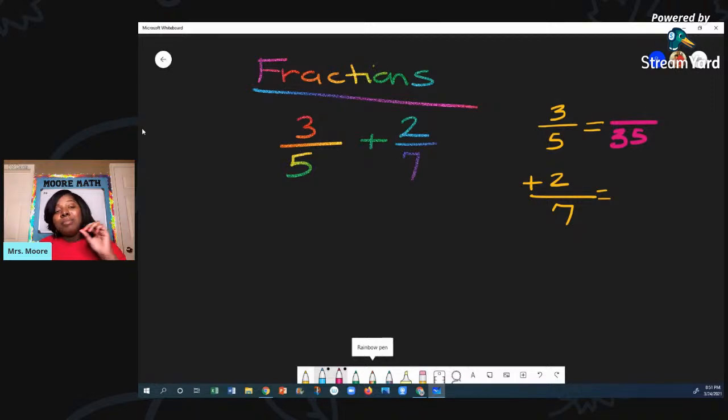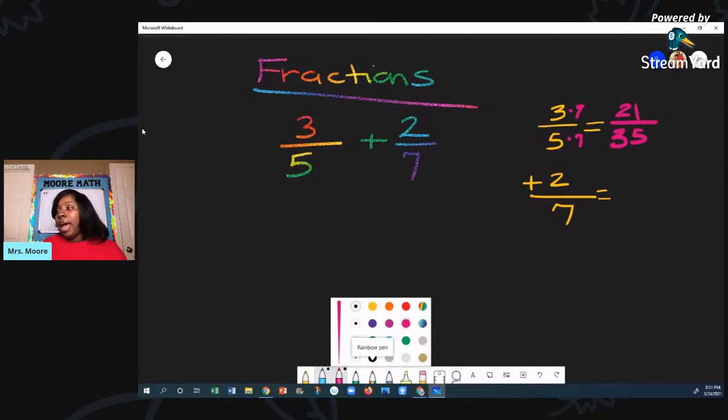So 5 times what is 35? 7. So if I multiply the bottom by 7, whatever I do to the bottom, I got to do to the top. So 3 times 7 is 21. Okay? Now we do the same thing.